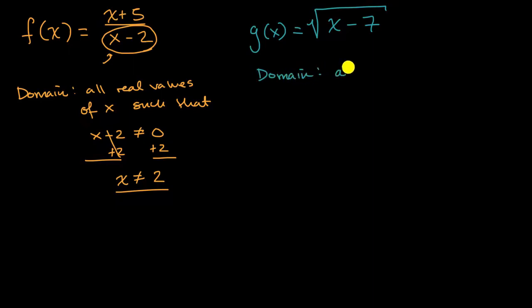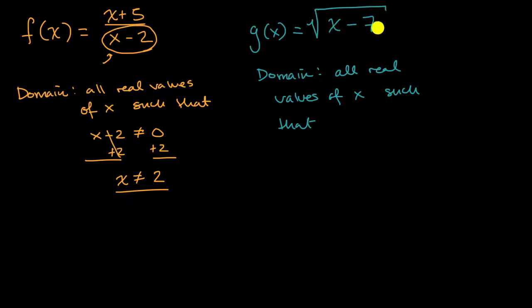is going to be all real values of x such that, are we going to have to put any constraints on this? Well, when does a principal root function break down? Well, if we tried to find the square root of a negative number, that would break down.